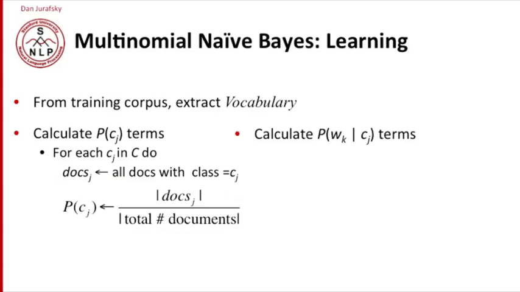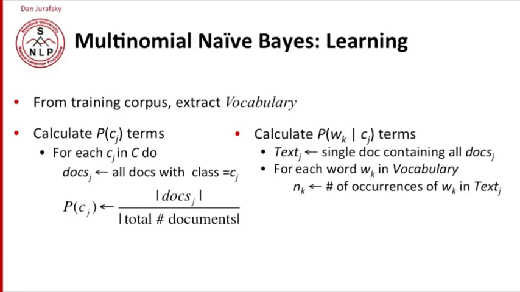And then to calculate the likelihood term, P of w given c, similarly we're going to take all of the documents in class j and concatenate them into one large document. Now for each word in our vocabulary that we've computed already, we're going to count the number of times that word occurs in our meta document.